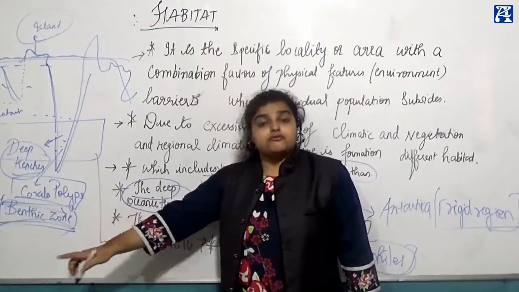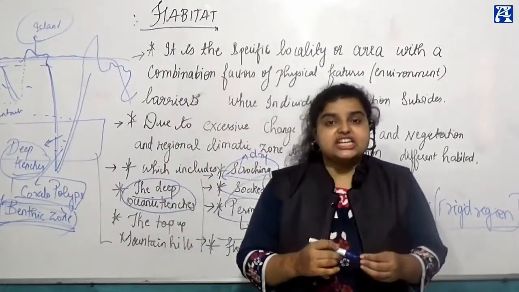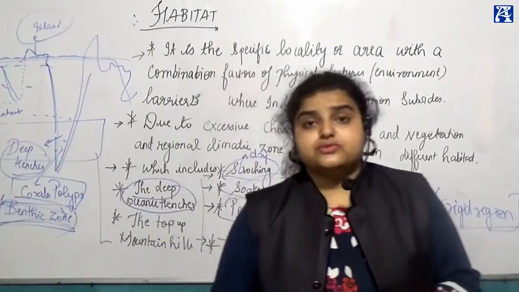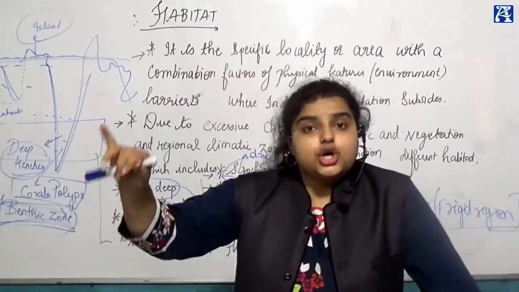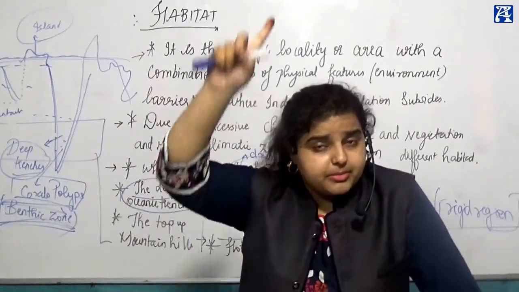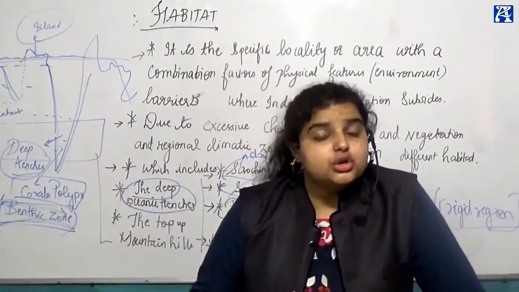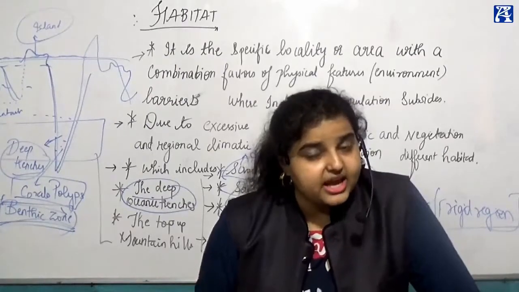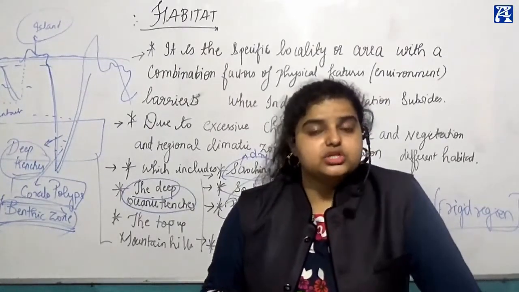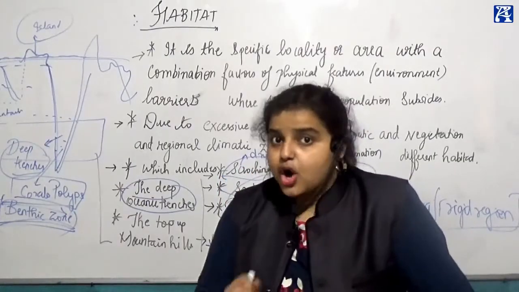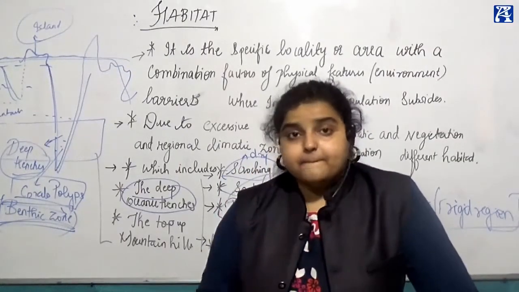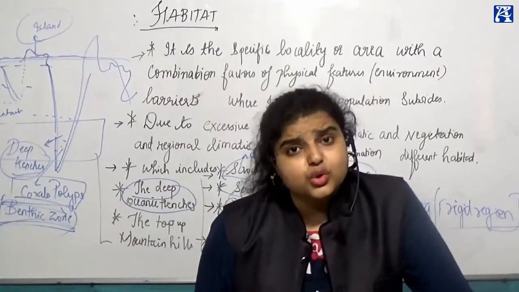Benthic zone. Three zones I told you are mostly seen in a lake: littoral, limnetic, profundal. Remember, in the previous class I taught you the stratification of the lake, and there we concluded the three zones of the lake. But what if it is about the ocean?